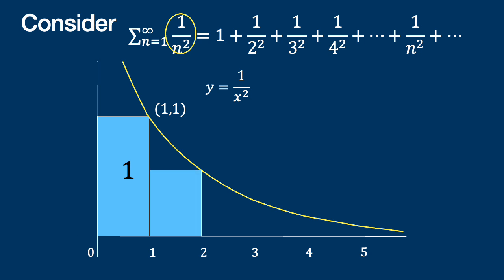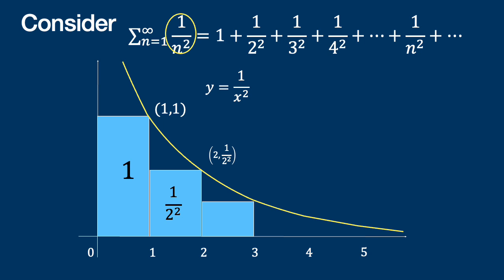Second rectangle, I sketch the rectangle below the curve. Now you find this point, that's 2, 1 over 2 squared. The height is 1 over 2 squared, the base is 1, the area is 1 over 2 squared. This one is the second term. Same thing for the next rectangle.